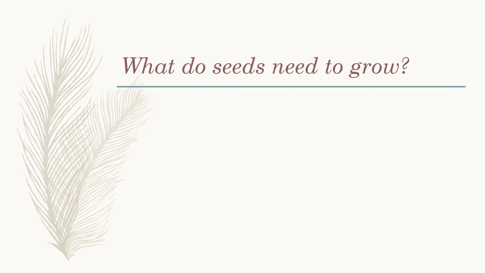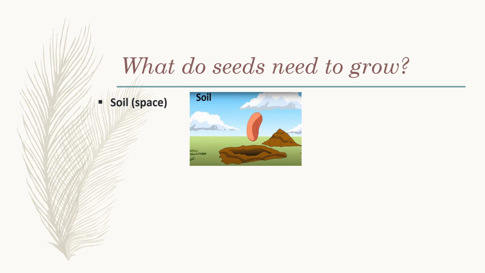Okay, now the seeds move from the flower or from the fruit or from the pollen inside the flower by birds and bees, water and wind. Now, what do seeds need to grow? Seeds need soil or space to grow in, soil to put the seed inside and grow. So it needs soil.